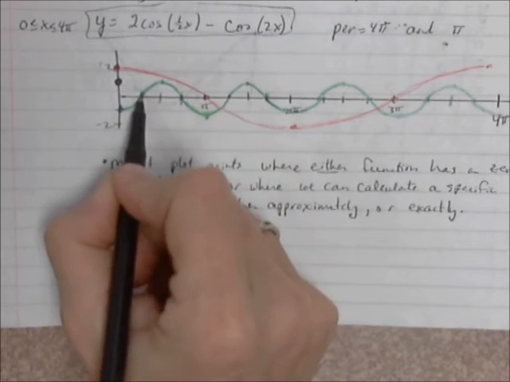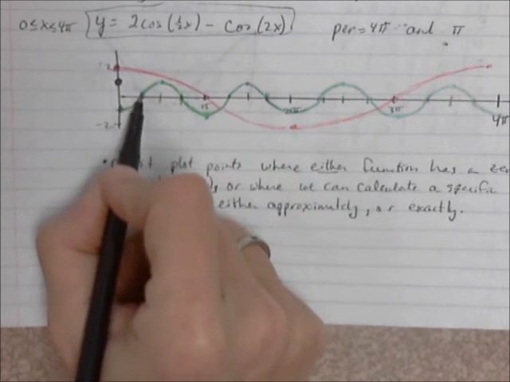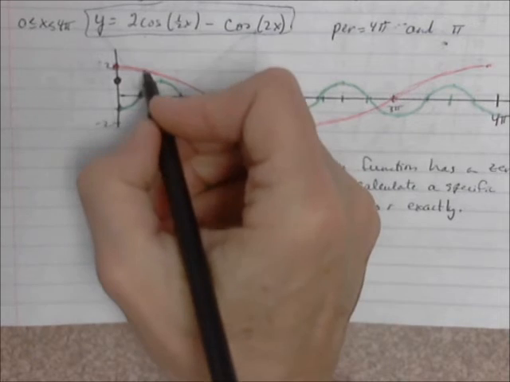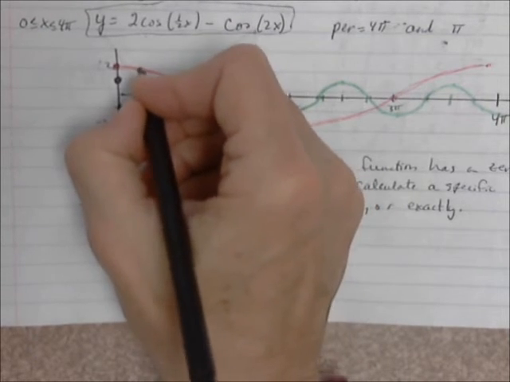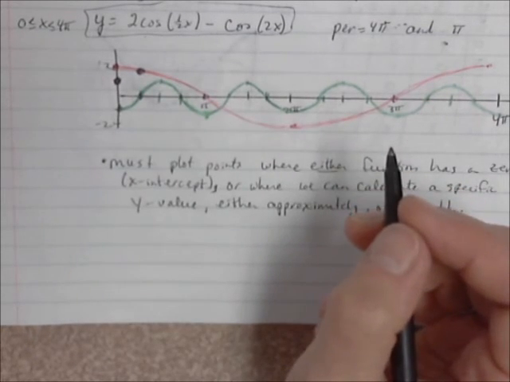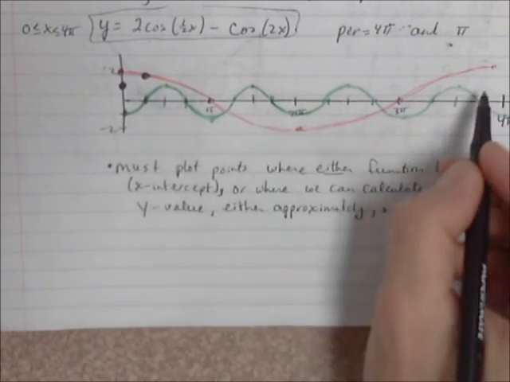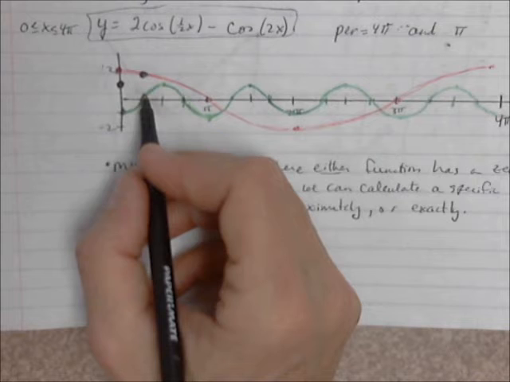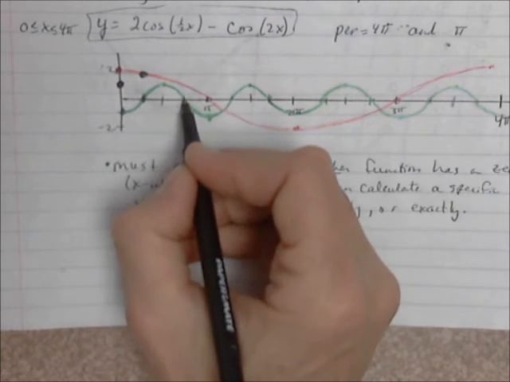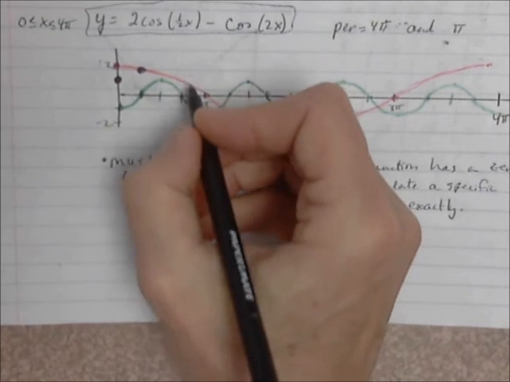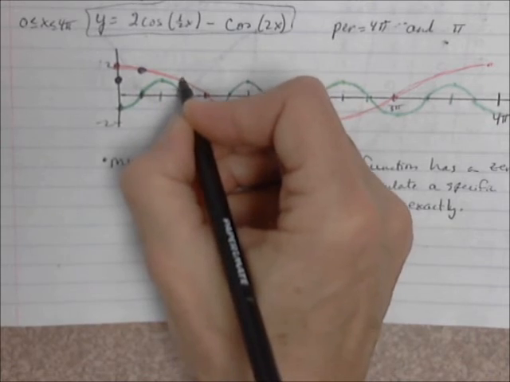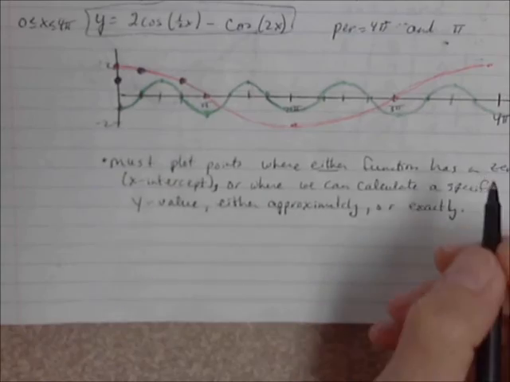Now right here, this green graph, this is a 0. So 0 plus the red will be right on the red. So there's our specific point right there. Anytime we hit a 0 of the function, the final curve will be on the other function. So here's a 0 right here. So our final curve, the one I'm going to do in black, will have a point right there.